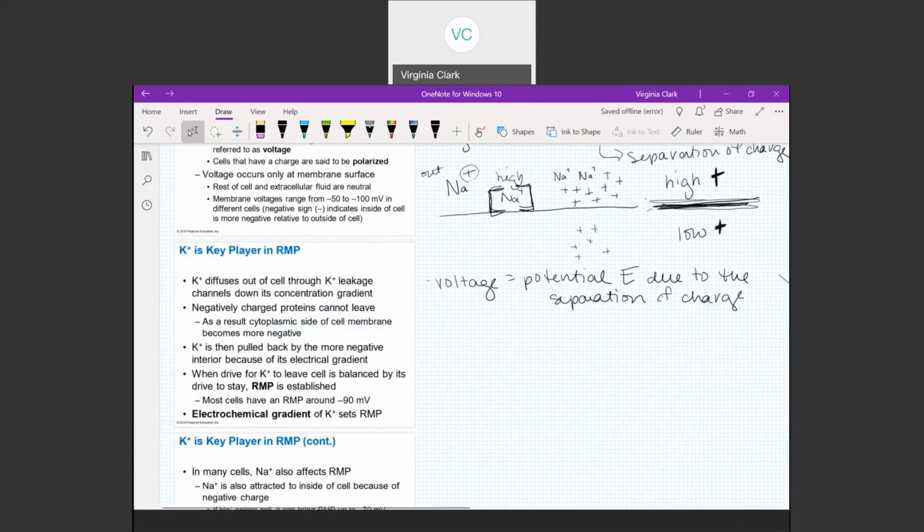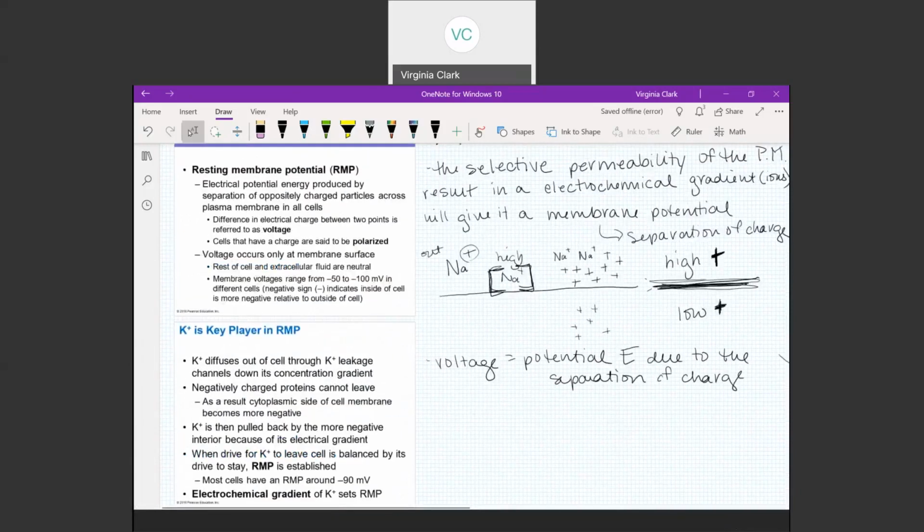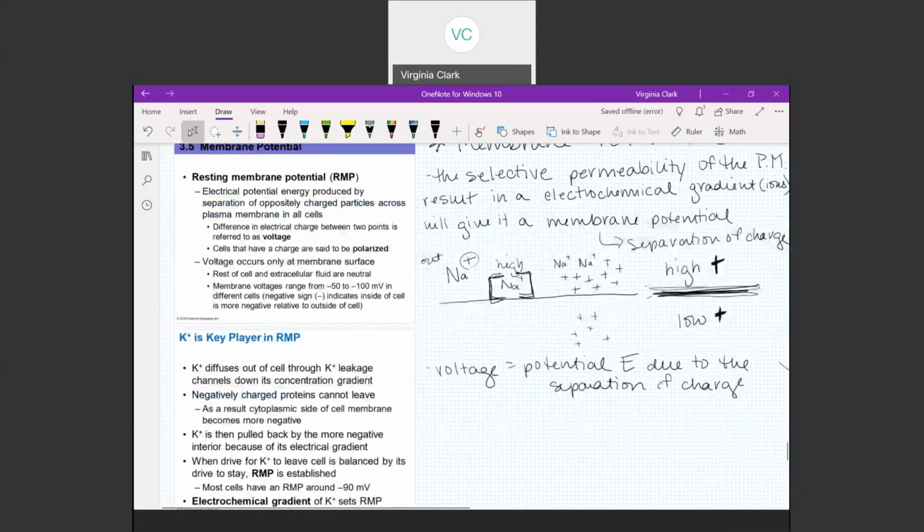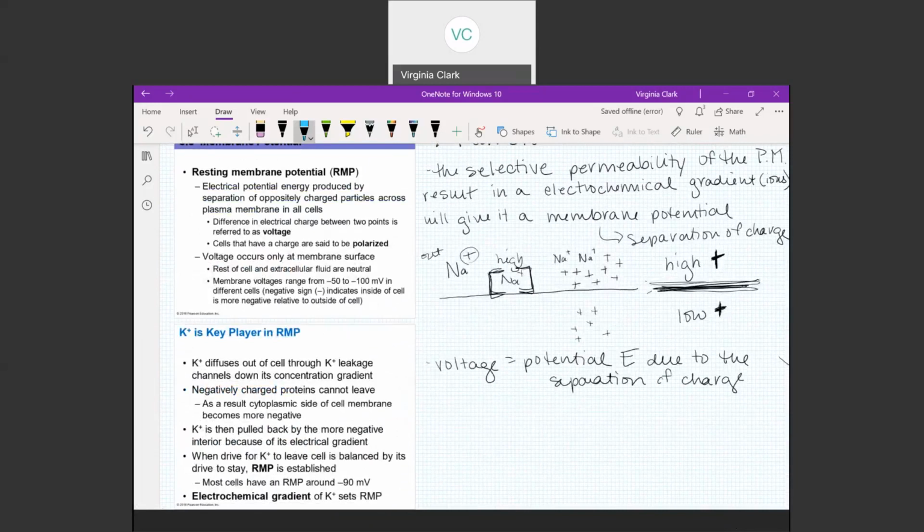So when we're talking about a resting membrane potential, what we're talking about is that your plasma membrane is actually going to separate oppositely charged particles. So your plasma membrane is acting as the barrier.